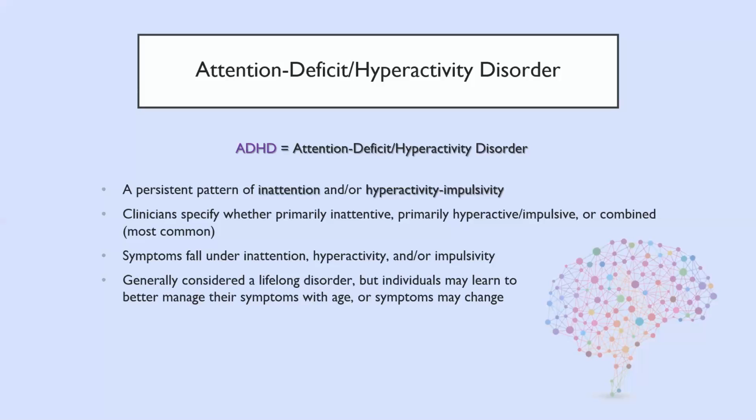Understanding that it's not generally acceptable to randomly get out of my seat in a meeting, but they might struggle more with impulsive symptoms, maybe struggling with substance abuse or being unfaithful in a relationship or other impulsive risk-taking behaviors. Okay, I think that's everything I want you to know about ADHD. So let's move on to the next group of disorders.